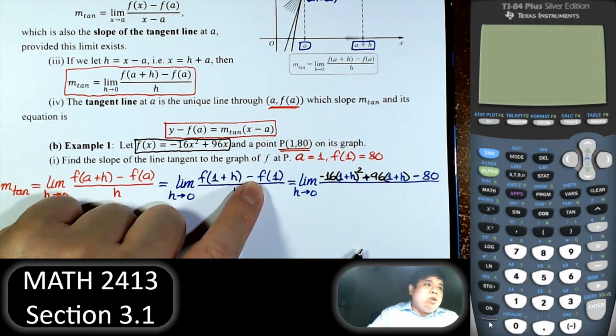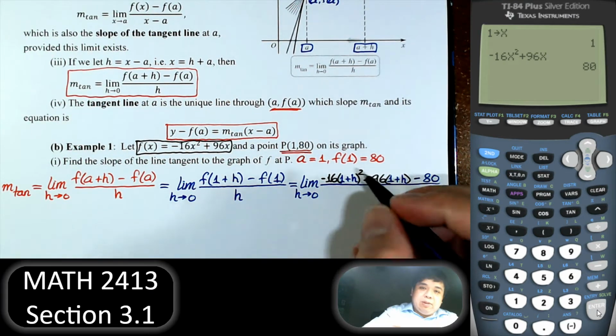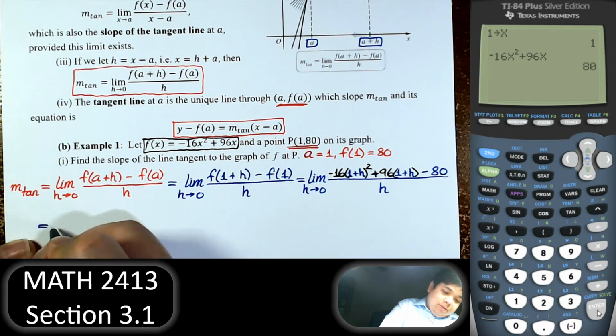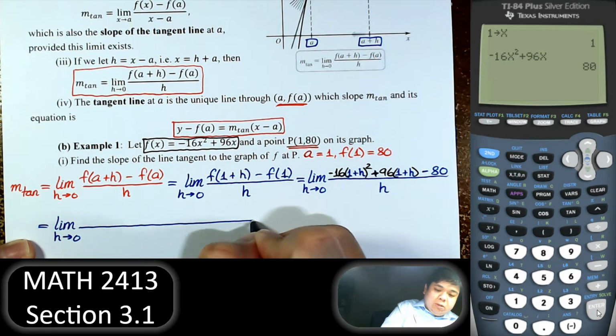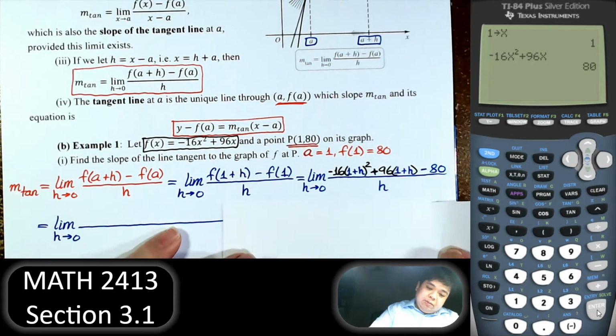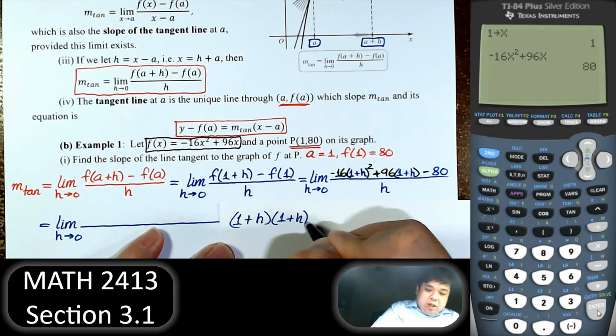Of course, if we want to confirm it, A is equal to 1, so 1 goes into x, and we have negative 16x squared plus 96x. That's 80, so that's correct. Now we just need to multiply this out and then simplify. Right. 1 plus h squared is 1 plus h times 1 plus h.